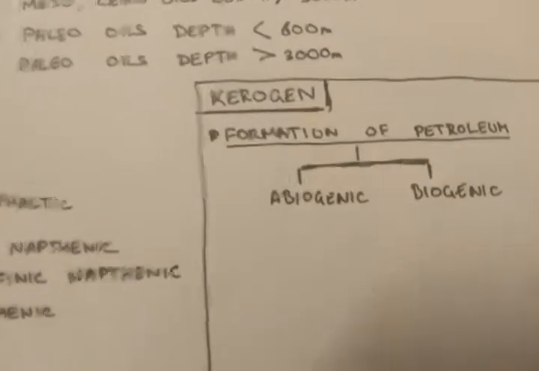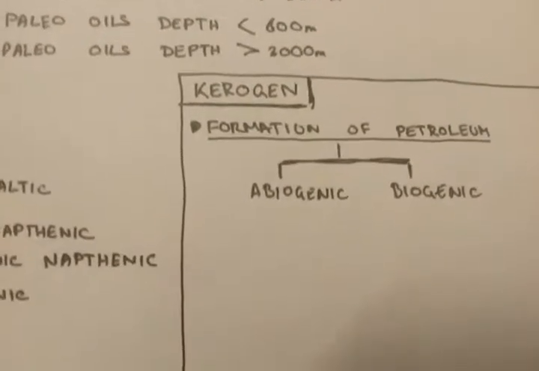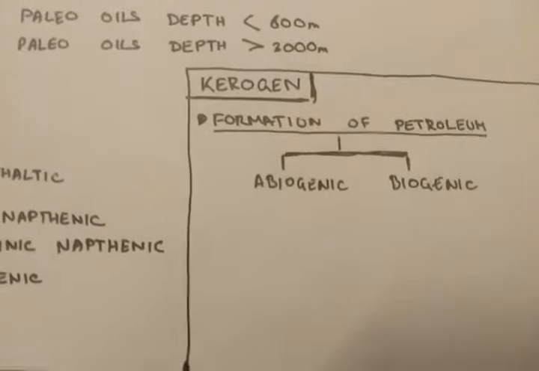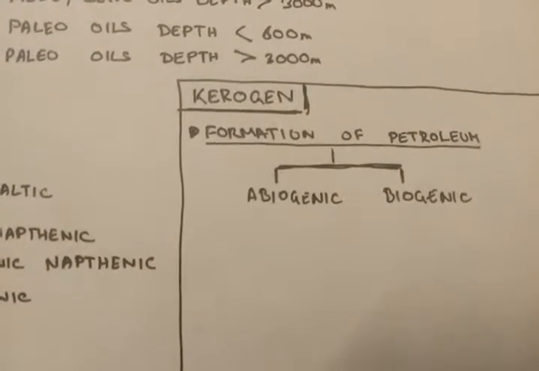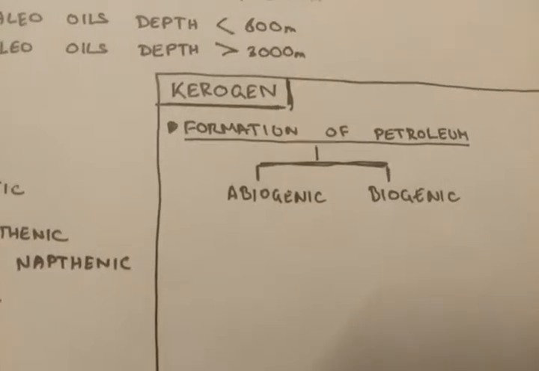Fischer-Tropsch, the name of the process. The third was a mantle-derived theory, that the petroleum we are getting is derived from the mantle. So these are the abiogenic theories.